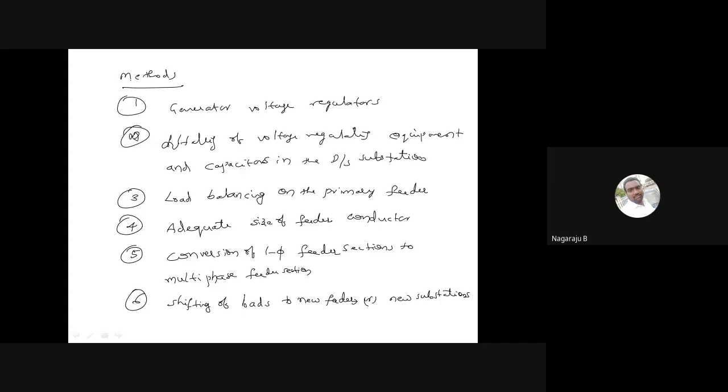And the seventh one is to construct a new substation for the primary feeder.